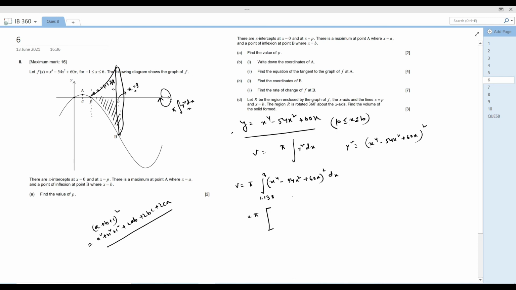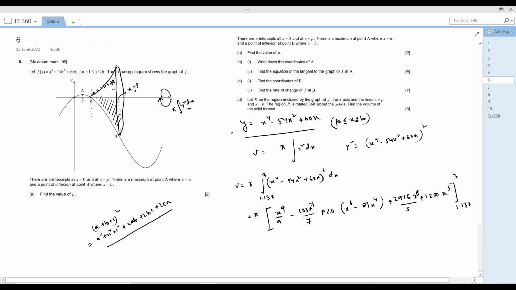After that you will get x to the power 9 by 9 minus 108 x to the power 7 by 7 plus 20 x to the power 6 minus 81 x to the power 4 plus 2916 x to the power 5 by 5 plus 1200 x cube, from 1.138 to 3.